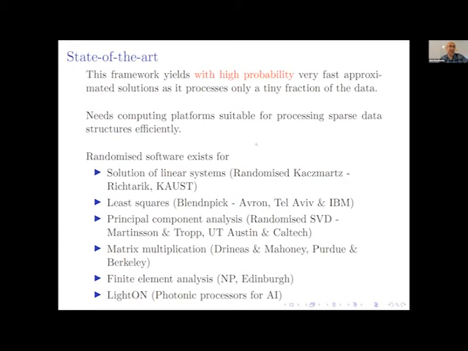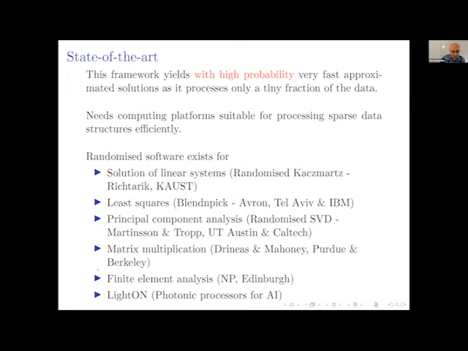Now, quickly, to take advantage of all these things, obviously you need computing platforms that are suitable for processing sparse data structures efficiently, right? Because you have these massive matrices and vectors. If you only pick a small percentage of the data, you don't want to be carrying the zeros with you. And here I've got a list of some ready-made software that's based on these technologies, and it's been used a lot.